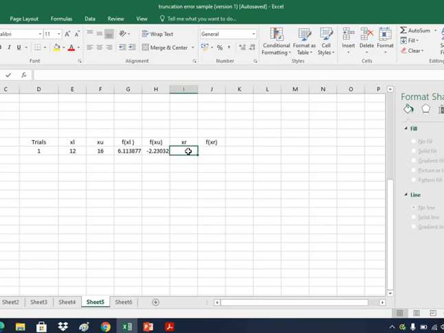So what is the value of XR? XR is the average of XL plus XU divided by 2. Okay, so that is equal to 14.